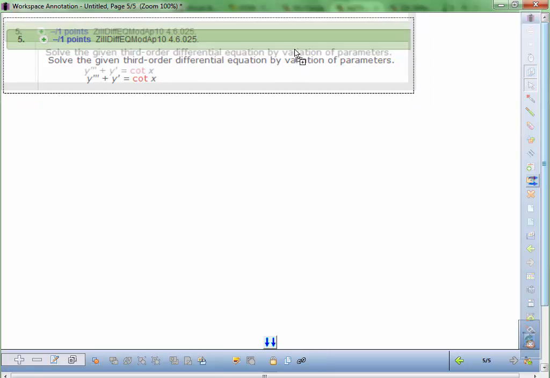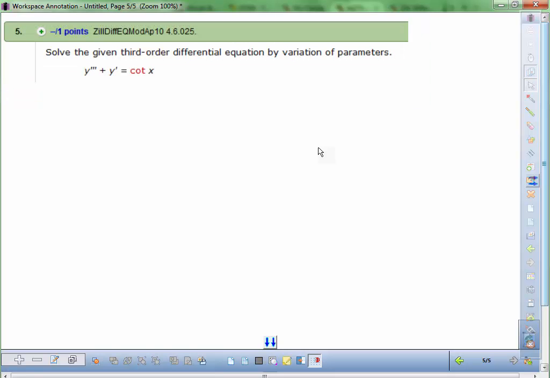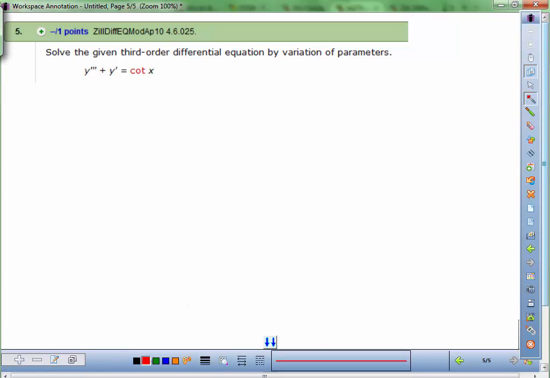So we should expect 3 solutions for the complementary, and then a particular solution will be a long string of things. We'll need the Wronskian's W1, W2, W3, which is going to produce a 3x3 matrix, and we have to find the determinant of a 3x3 matrix. Okay, so we'll go in steps again.